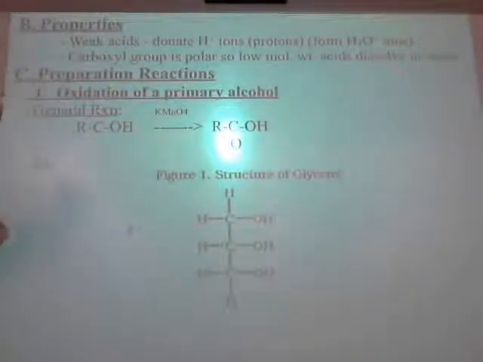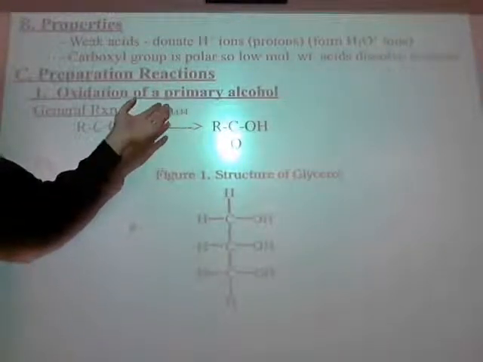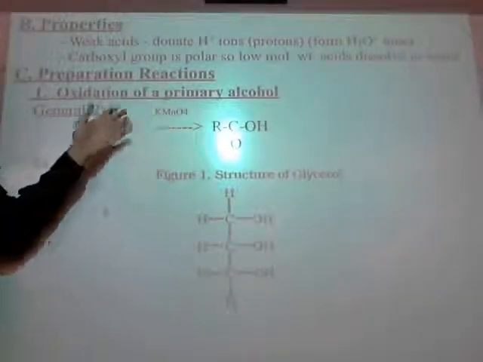So you don't have to worry about balancing this and a couple of other ones throughout the rest of this chapter. I've already said most organic reactions don't need to be balanced. This is an example of one that we're not going to worry about balancing. The oxidation reagent, the KMnO4, does provide that extra oxygen, but I'm not going to include it in the equation.